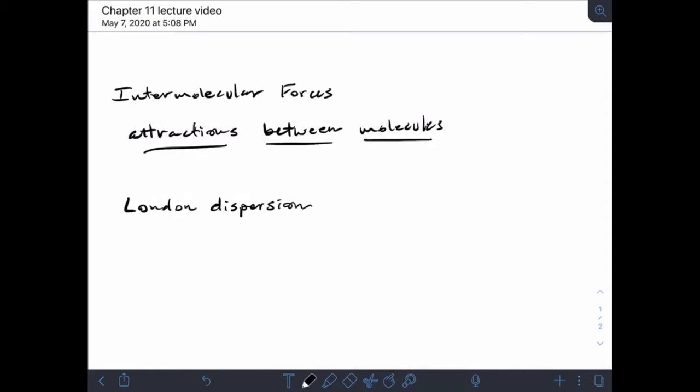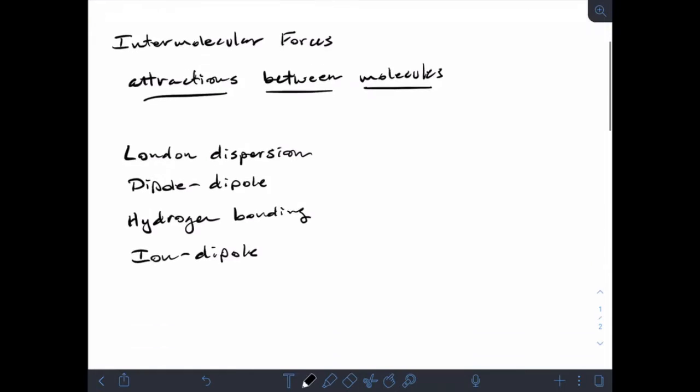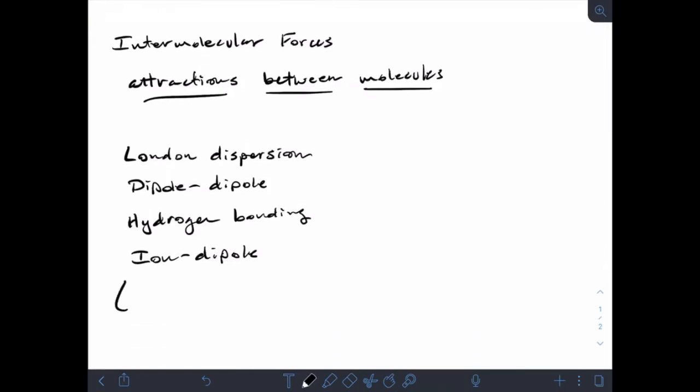Okay, London dispersion is sort of the proper name. The next on the list are called dipole forces. Okay, followed by hydrogen bonding. Followed by ion dipole. And lastly, and it's not really an intermolecular force, so I'm going to put it in parentheses, ion-ion forces.